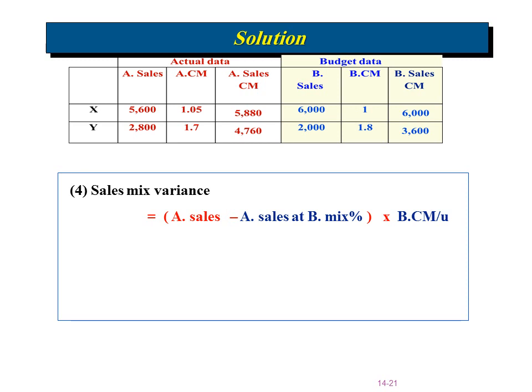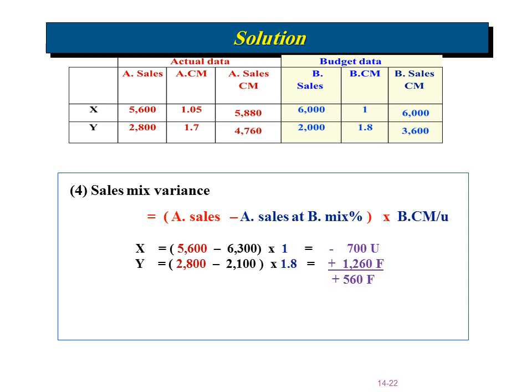Actual sales minus actual sales at budget mix percentage times budget contribution margin per unit. Here I have from the table actual sales, or from my previous slide I have all my information.